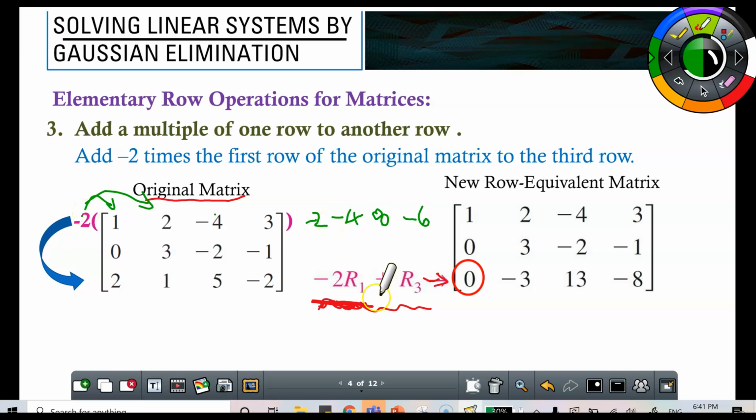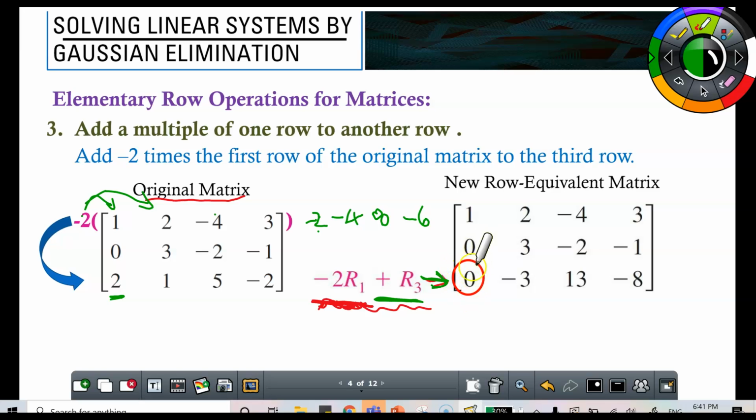And then we're going to add the new row to row 3 and rewrite. The arrow means you're going to rewrite the third row. So add the new first row to the old third row to get your new third row. Let's add them up. 2 plus -2 gives you 0.